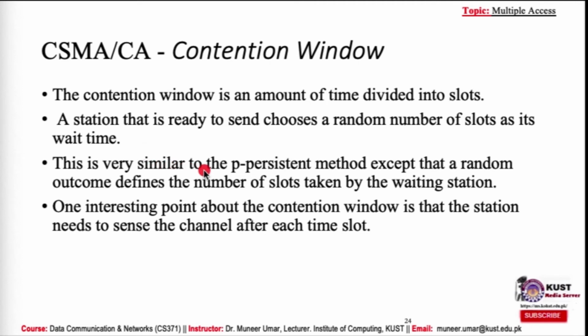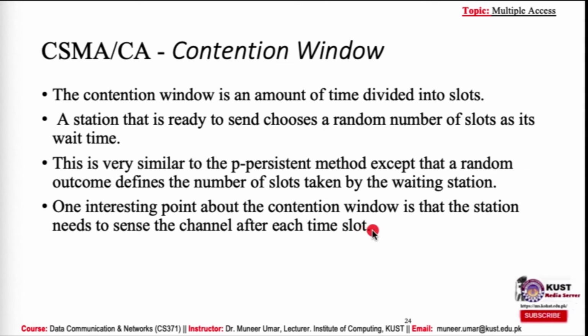This is very similar to the p-persistent method, except that a random outcome defines the number of slots taken by the waiting station. One interesting point about the contention window is that the station needs to sense the channel after each time slot.